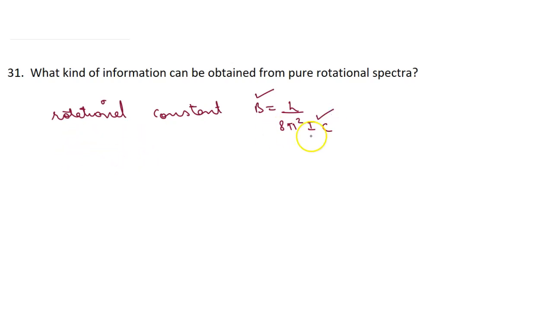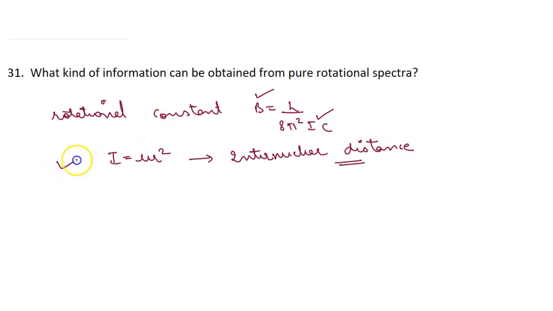We can calculate I, moment of inertia, and from moment of inertia, we can find internuclear distance. So internuclear distance was one of the options. So the correct option was internuclear distance.